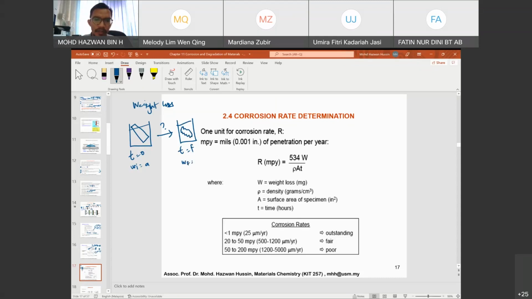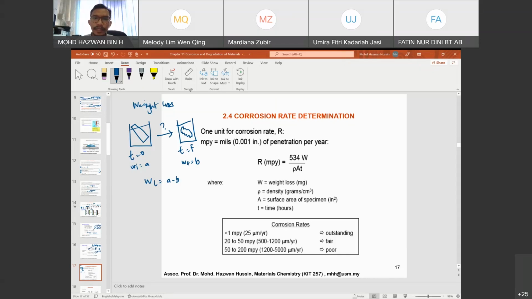You have a final weight of B. So in the end of the day, you can have weight loss, which equals A minus B. So this is the weight loss at a certain immersion time. This is the most common technique, which is very simple, even though we can also use electrochemical techniques to calculate corrosion rate, but this is the easiest one.